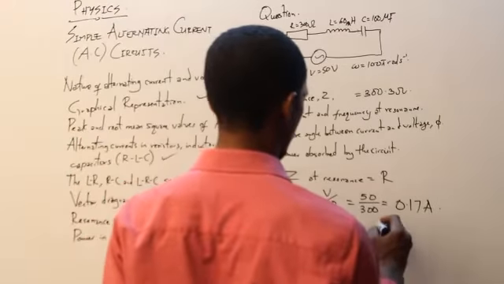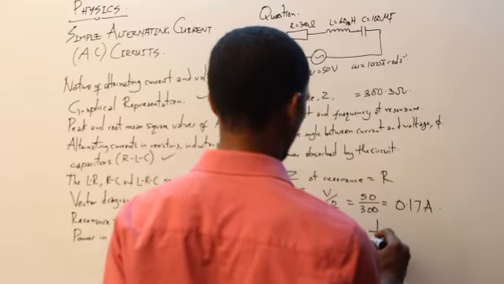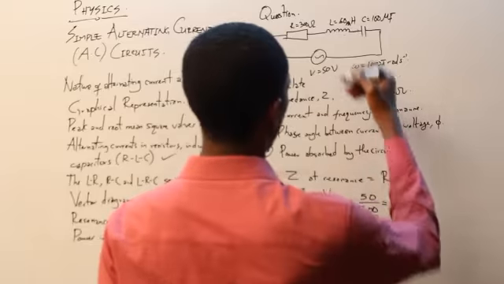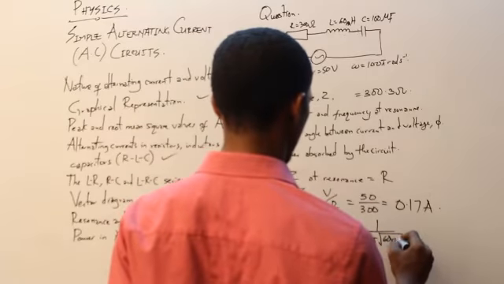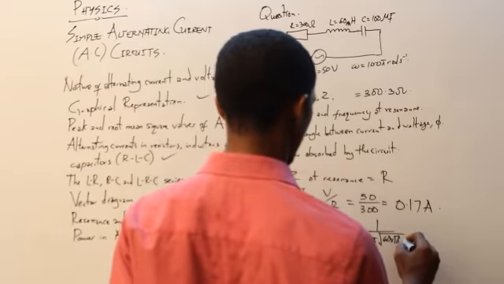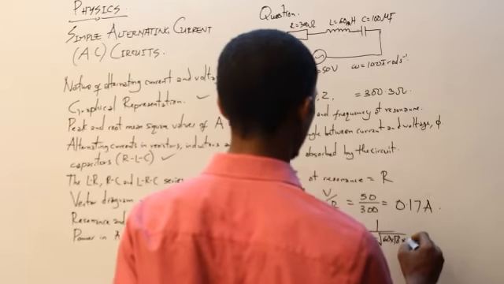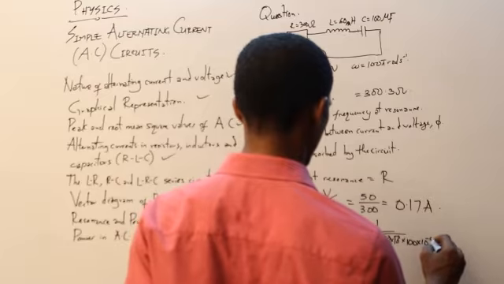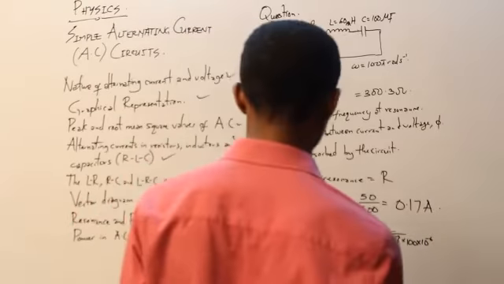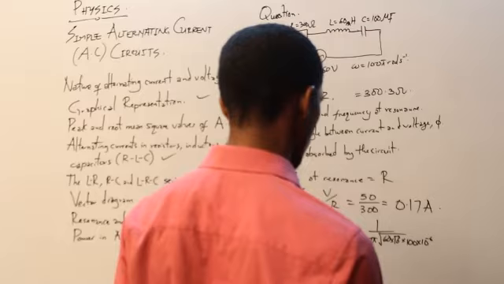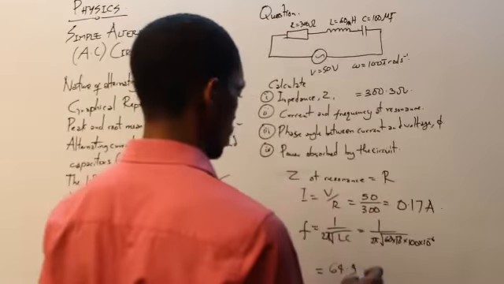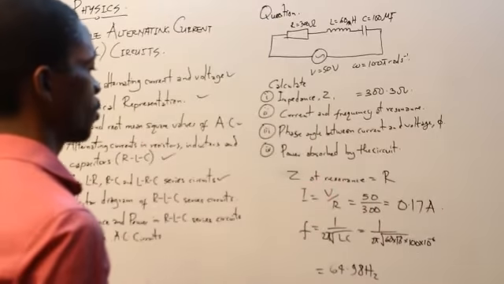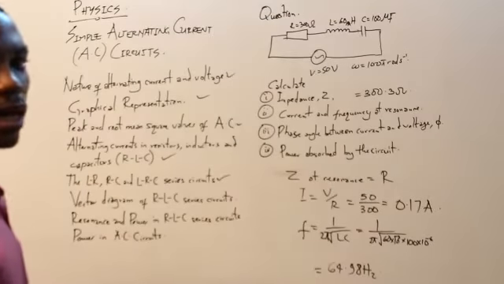That will give us 1 over, in brackets, 2 pi square root of L, which is 60 times 10 raised to the power minus 3, times C, which is 100 times 10 raised to the power minus 6. If you press your calculator, that gives about 64.98 hertz.